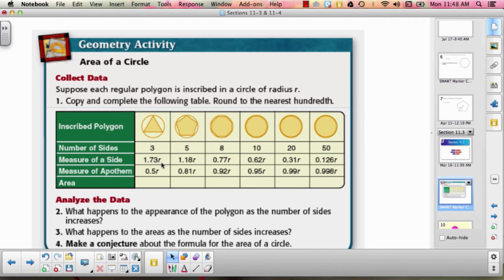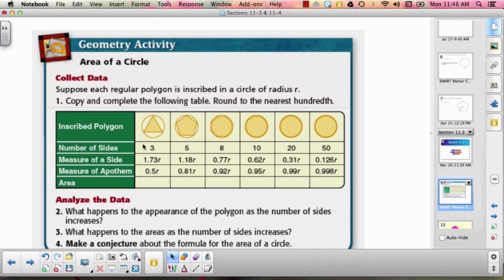So the perimeter of that regular polygon is going to be the number of sides times the side length, or this number times r. Then we have to multiply by the apothem, which is, in this case, this number times r.